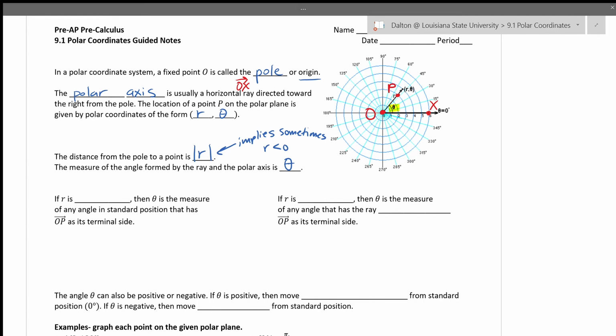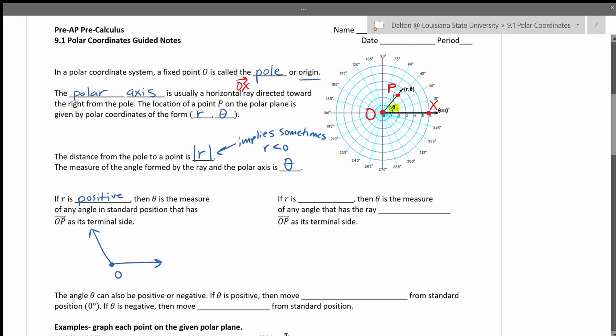Okay, so now let's talk more about the variable r. So like we said, we have two options. r could be positive, and if that's the case, then theta is the measure of any angle in standard position that has ray OP as its terminal side. A little sketch of what this looks like would be, of course, O is our pole, our origin.